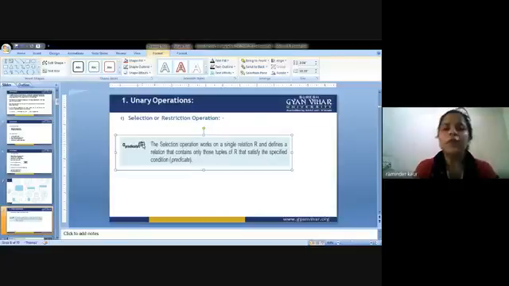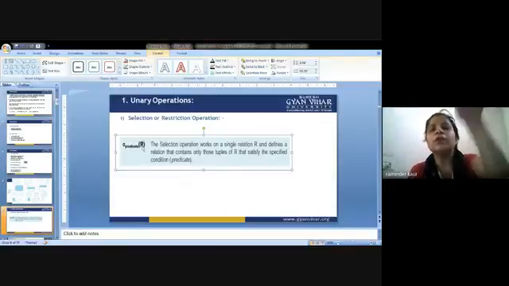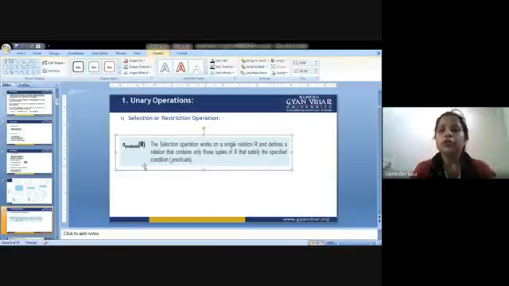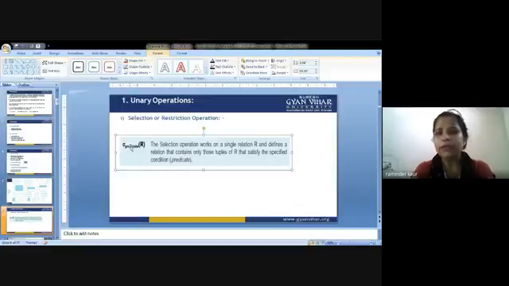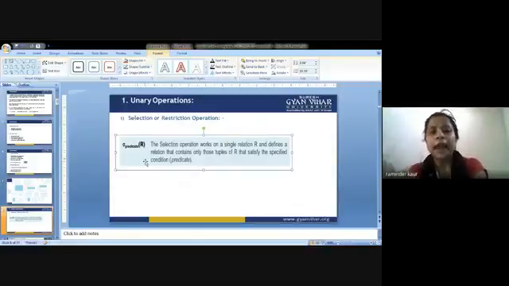That is, we can operate this symbol over this relation. So the selection operation works on a single relation. The selection operator sigma operates on the single relation R and defines a relation that contains only those tuples of R that satisfy the specified condition.